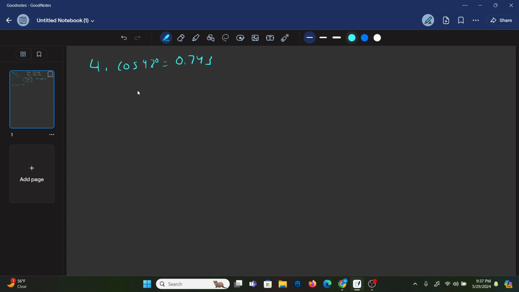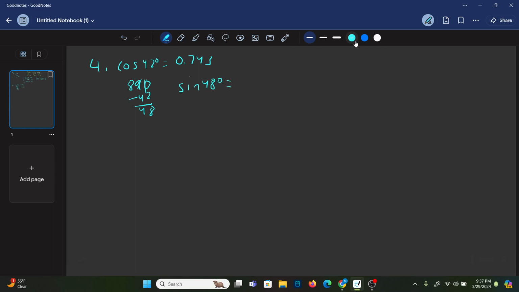So complementary angles add up to 90 degrees. So we would do 90 minus 42, and we get 48 degrees. So we want sine 48 degrees.